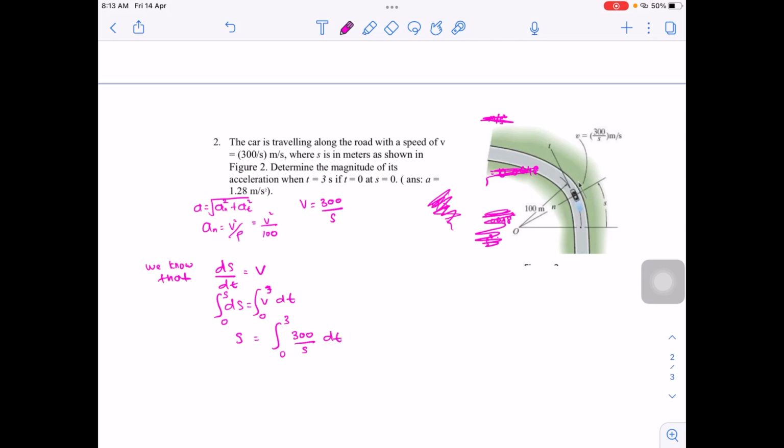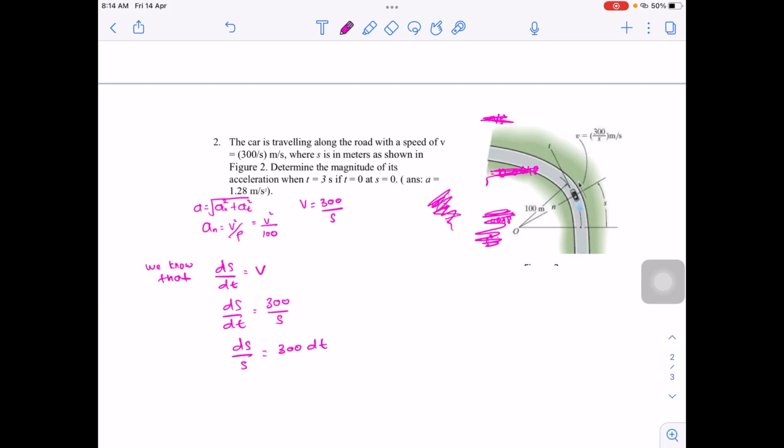Balik ni. ds over dt is equal to V. So you replace first: ds over dt is equal to 300 over S, since V is equal to 300 over S. So we susun balik, so S ds is equal to 300 dt.